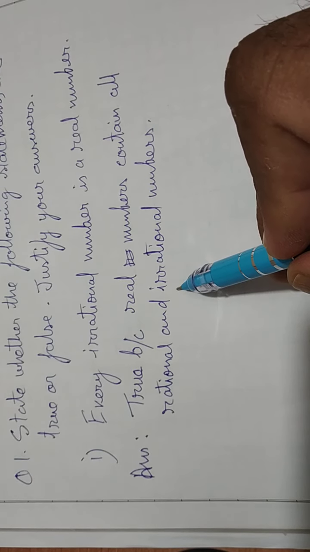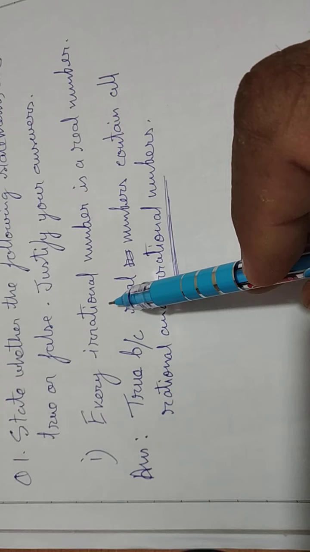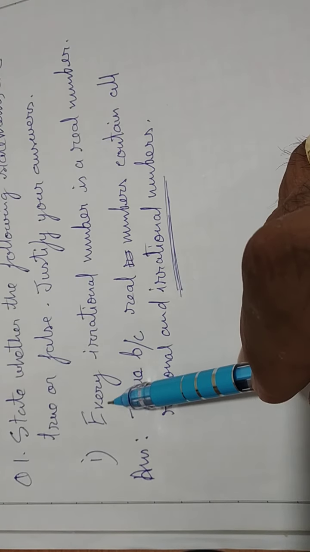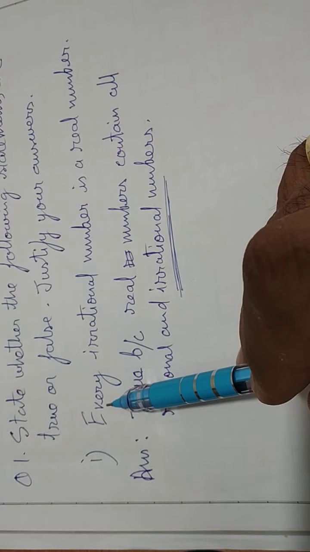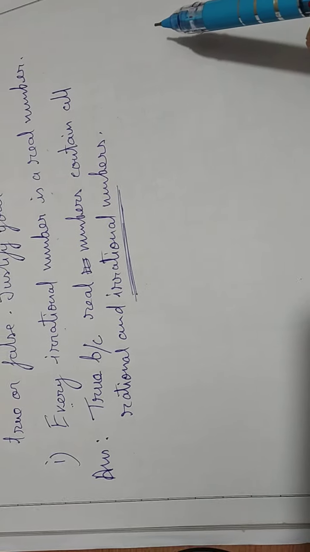So it is true that all irrational numbers come in the set of real numbers. So it is a correct statement that every irrational number is a real number.